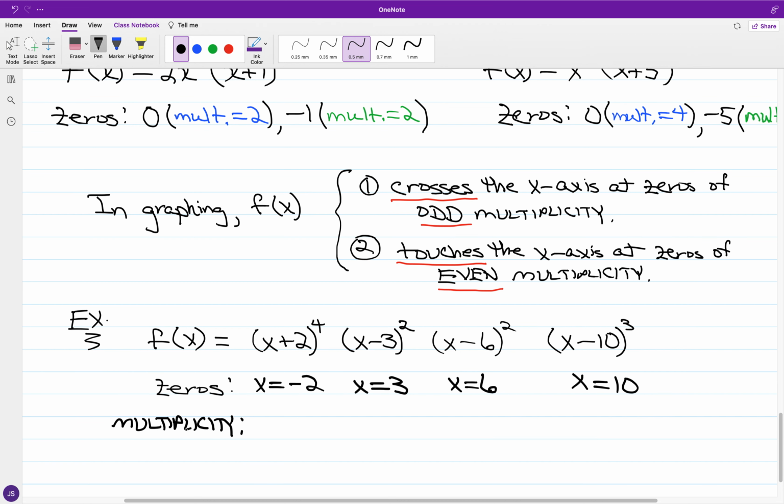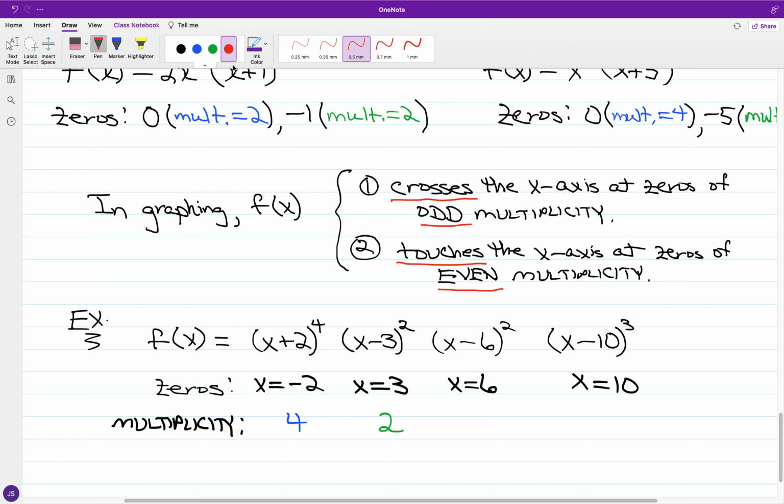Now for the multiplicity, negative 2 stems from x plus 2, which is to the 4th, so the multiplicity is going to be 4. For the value of 3, we have this stemming from x minus 3 to the 2nd, so we have a multiplicity of 2.